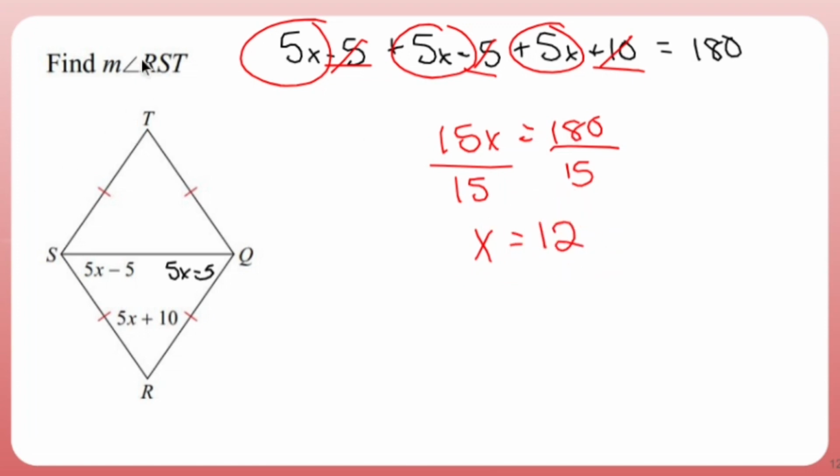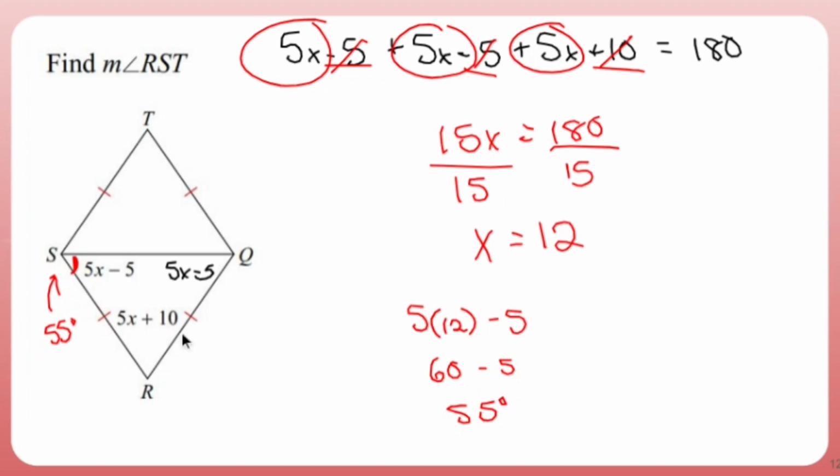Because what I have to do is find the measure of angle RST. What I know is this guy is 5x minus 5. x is 12. So that guy is 5 times 12 minus 5, which is 60 minus 5, which is 55 degrees. So this guy is 55 degrees.